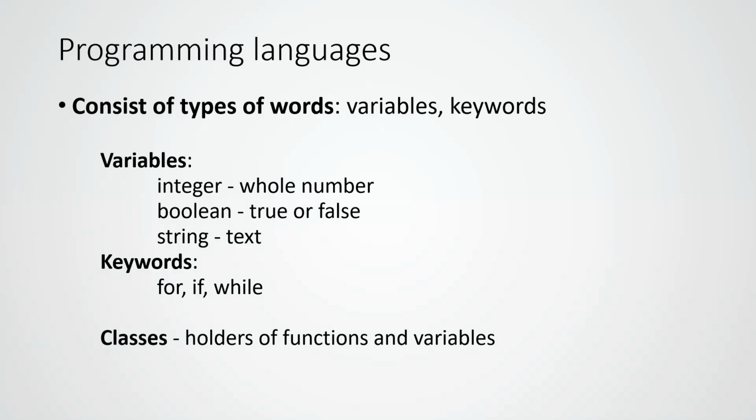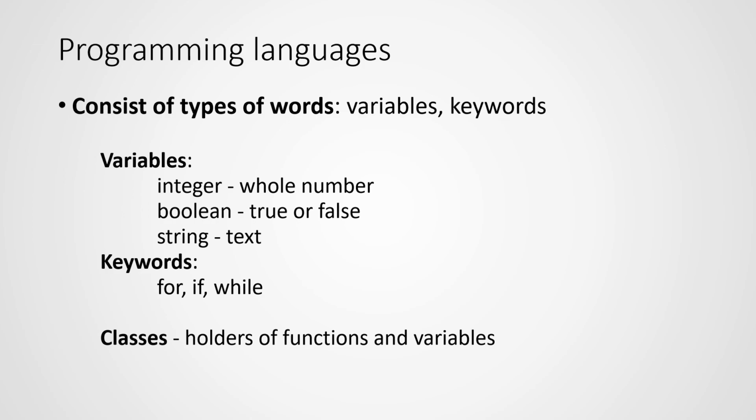They are used to talk to computers. They have lists of different types of words. For example, we have variables, which are basically ways of storing data, and there's different types of these. Integer, boolean, string. Integer is a whole number, boolean is true or false, string is text. Then we have various different commands we can use.